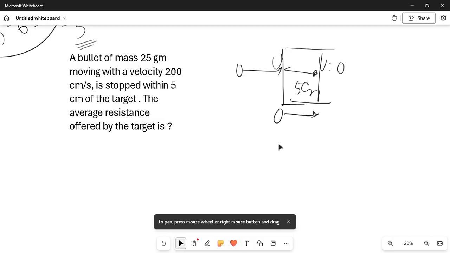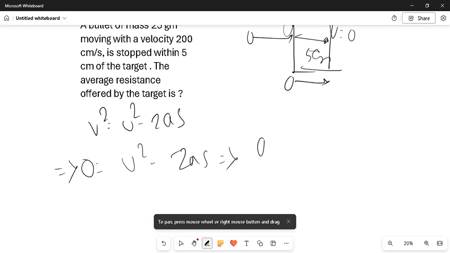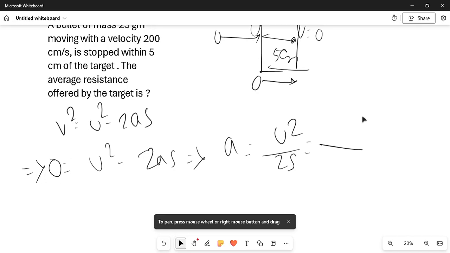You know that v square is equal to u square minus 2as. We use this formula, where a is the deceleration here, not acceleration. After 5 cm in the target, the final velocity will be 0, and when entering the target the initial velocity is u, so a is equal to u square by 2s, and u is 200 centimeter per second.